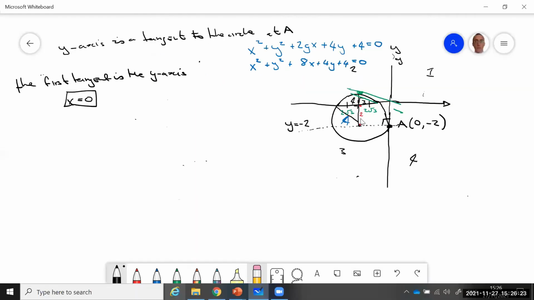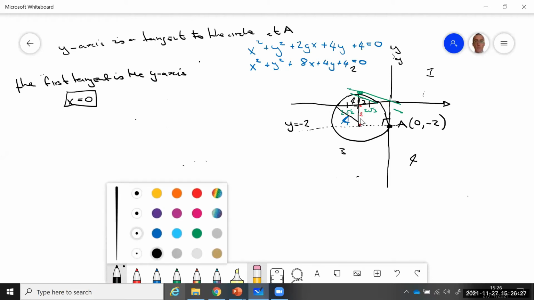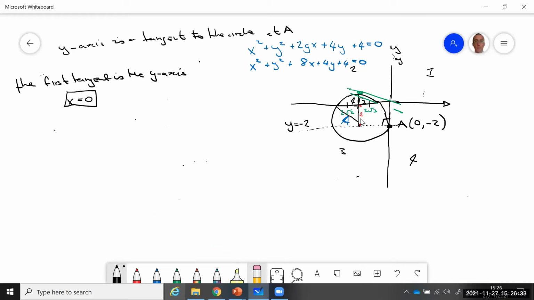In order to get an equation, I think we should write down the general formula for the equation of any line. That's y minus y1 equals m into x minus x1, with x1, y1 being the known point through which the line passes.